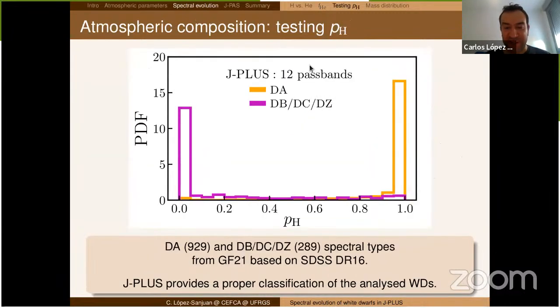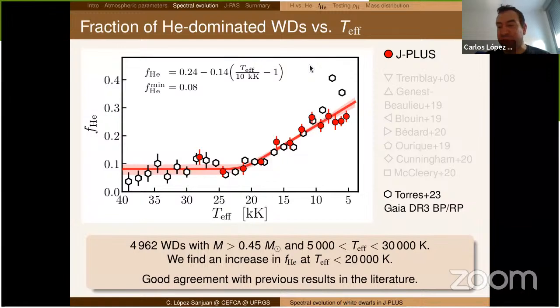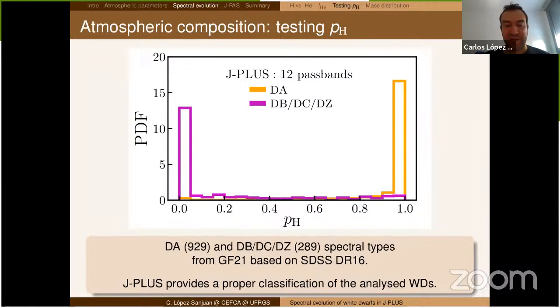So great. This is what we obtained, but something that we did later is to test if our probabilities, if our classification is good. So basically, what we did is to cross-match our J-PLUS Gaia catalog with the spectroscopy in the same area.